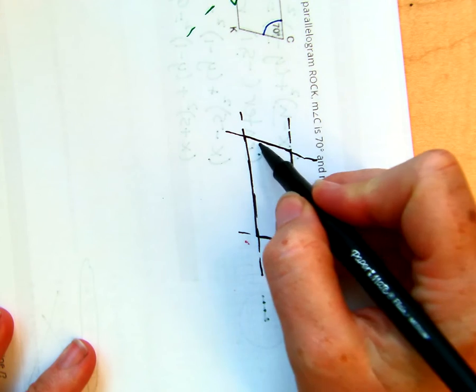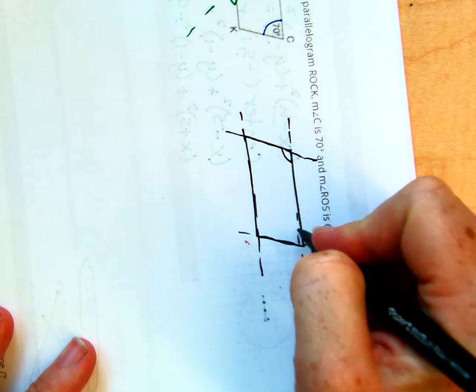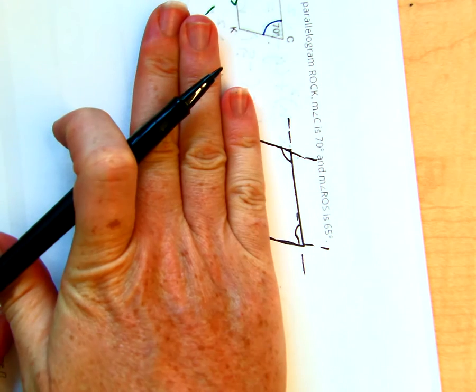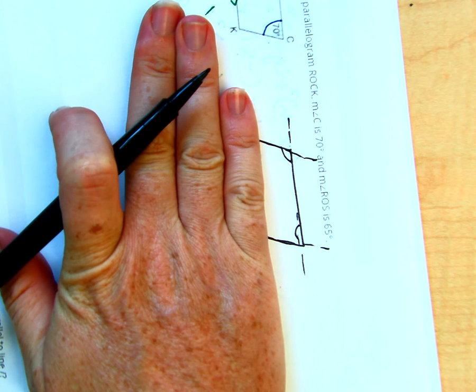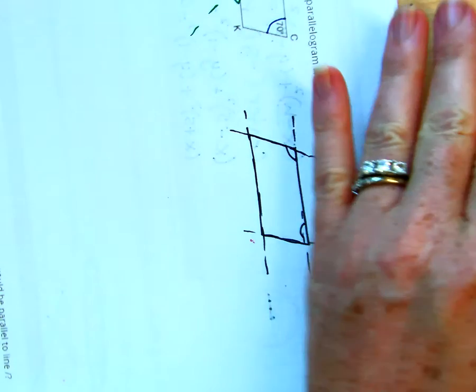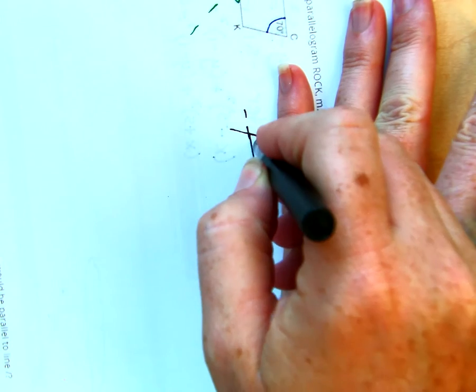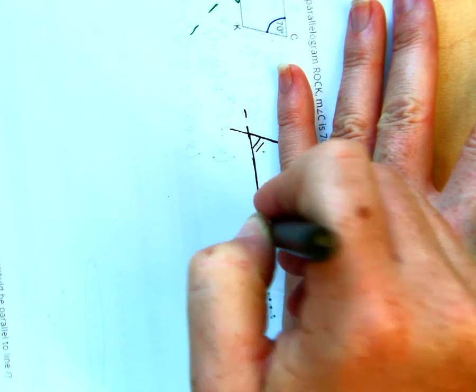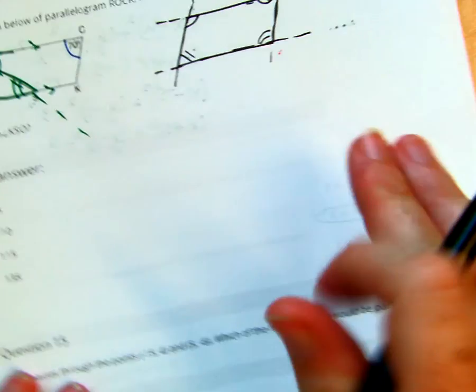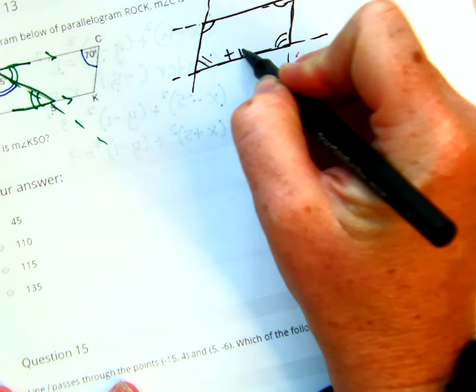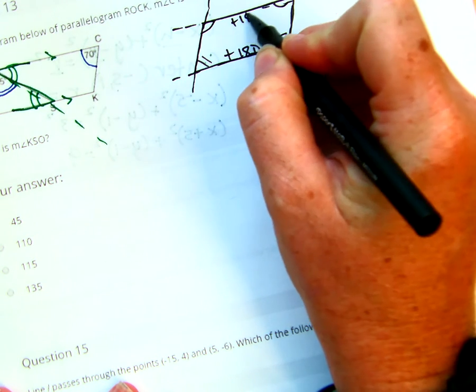So if I turn it, then this angle and this angle are actually same side interior, which are supplementary. Same with these guys, right? They're same side interior. So not equal, but they add to be 180 and add to be 180.